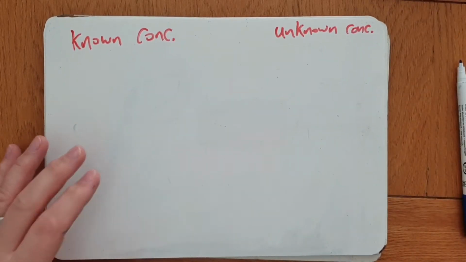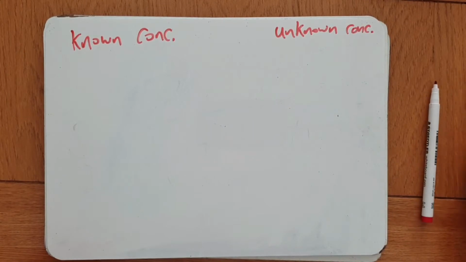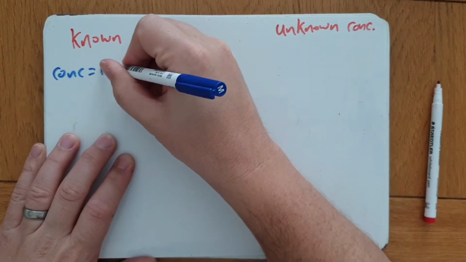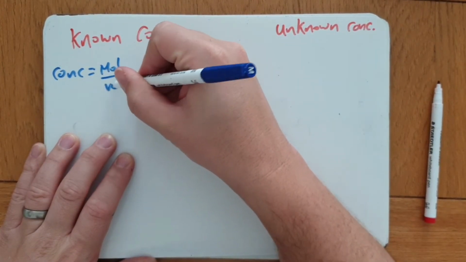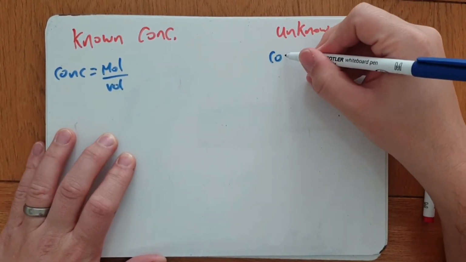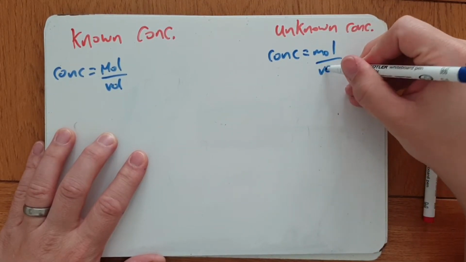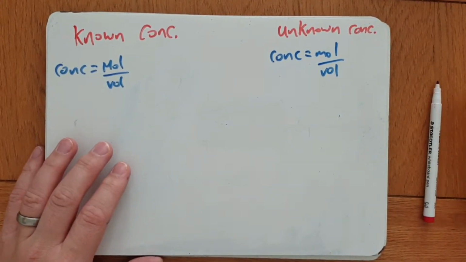And you just need to work out, so there's three things about each one. So remember the equation, concentration equals moles over volume, and then for the unknown one, concentration equals moles over volume.